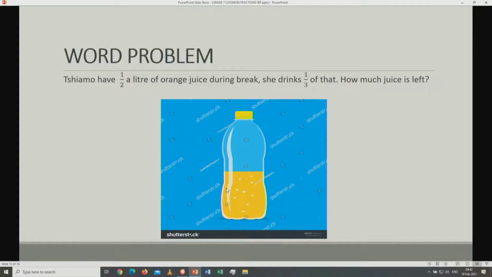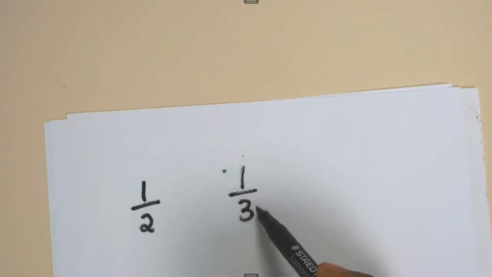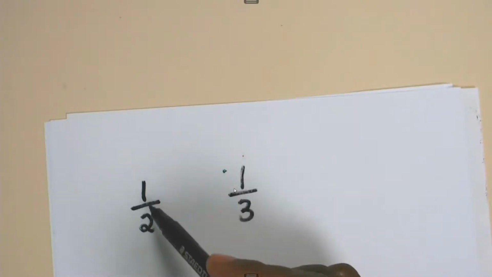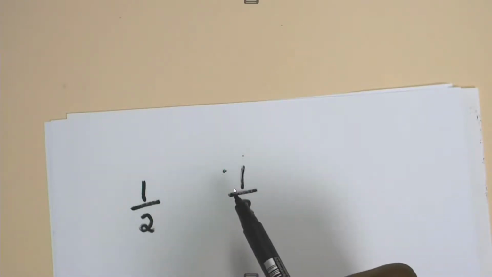It will get less. Now if it gets less, it means that there was a minus that took place there. So this means that if she had a half and she drank 1/3, she's no longer having a half anymore, but she's having orange juice that is less than a half, meaning that we have to minus, because the juice gets less and less as you drink it in the bottle.